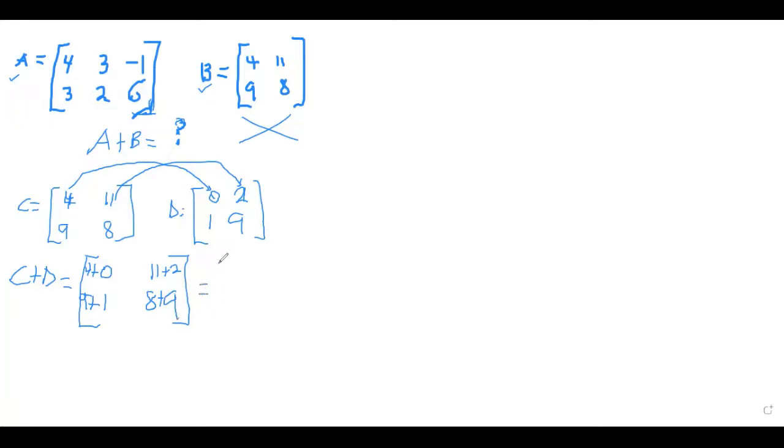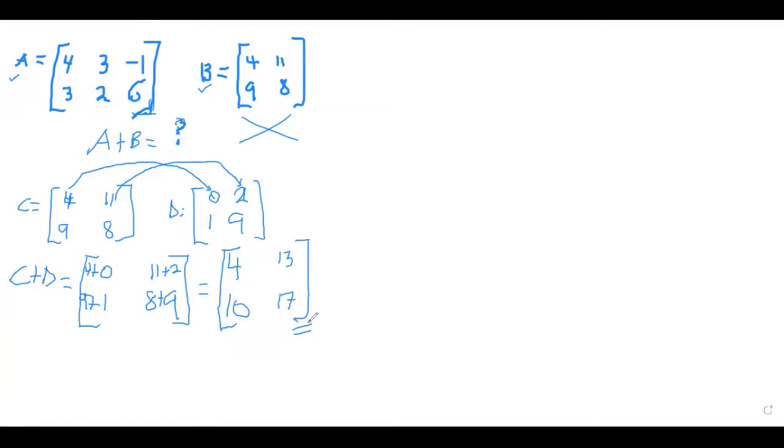Now your answer is going to be: 4 plus 0 is 4. 9 plus 1 is 10. 11 plus 2 is 13. And 8 plus 9 is 17. So you can only add two or more matrices if their dimensions are the same.